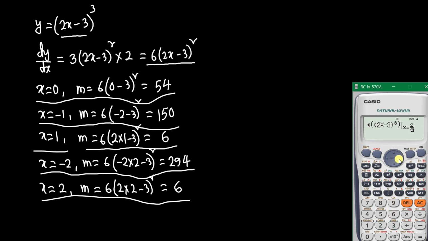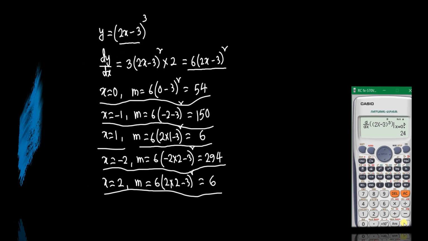We can write 2 by 3, then you can get the gradient here. We also use another fraction, say 0.5. If we use 0.5, the value we got is 24. So this is our total working.